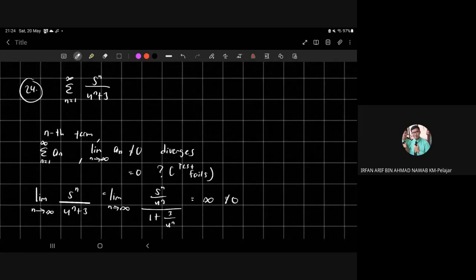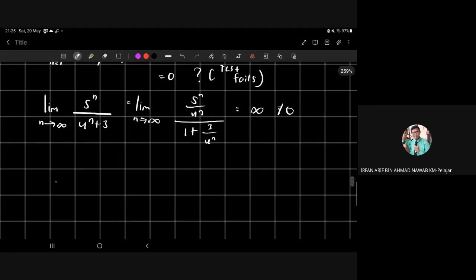But how about other tests? Maybe the direct comparison test, 9.4, even though we haven't reached 9.4, but this series we could also use the direct comparison test. What does it tell us mostly?